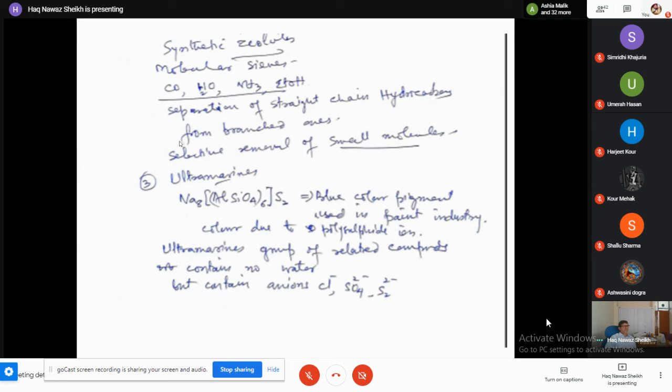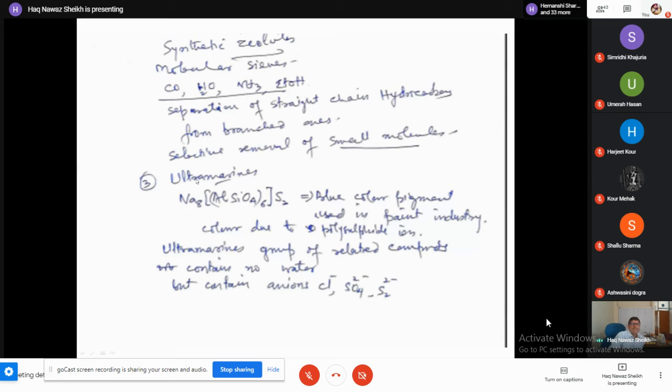The branched one will not be allowed to penetrate into the channel, simply because of its geometry, because of its size, because the size of the cavity, size of the channel does not match with the size of the molecule. So this is how the separation is accomplished. So selective removal of small molecules from a mixture, that's how the application of zeolites comes in.